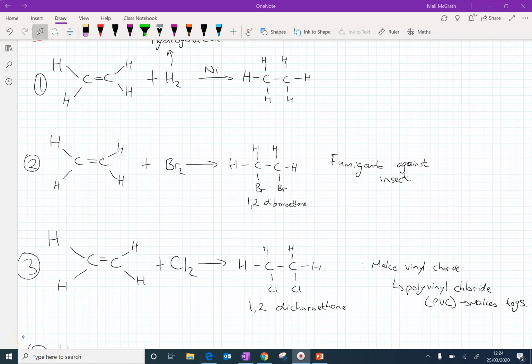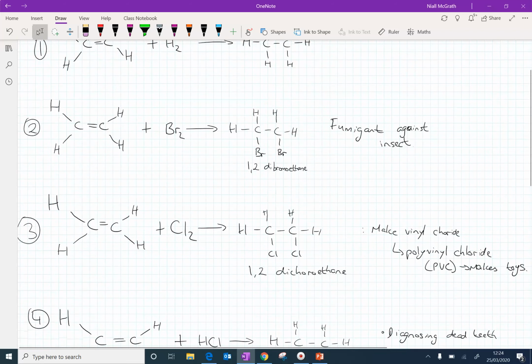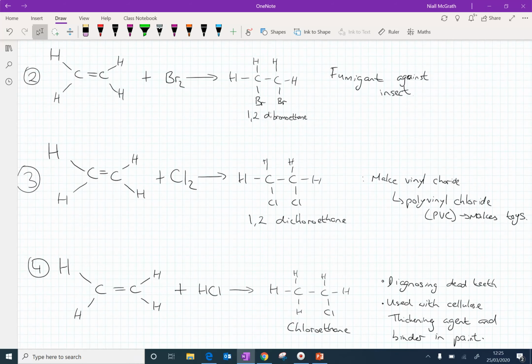Then we just have a look at some other examples. Ethene and chlorine, you'll come out with 1,2-dichloroethane. That can be used to make vinyl chloride. If you add many of those together, which we'll see later with polymers, you can create PVC, which is plastic, and you use it for various things. One of those is to make toys.